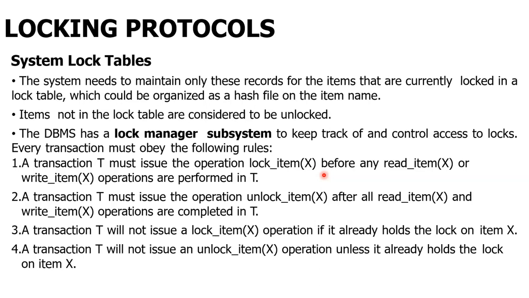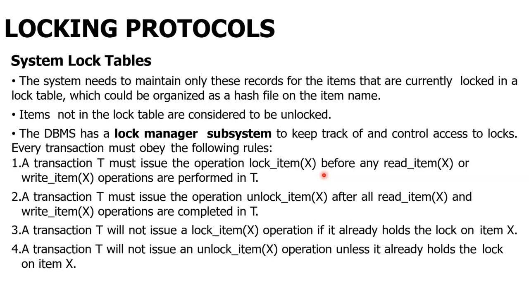You will not be issued a lock operation if some lock is already present; you cannot go and apply any new locks. Likewise, transaction T will not issue an unlock item operation unless it already holds a lock on the item.